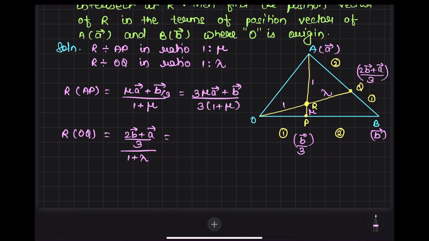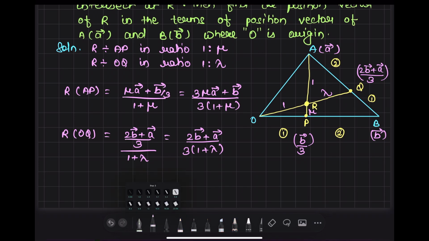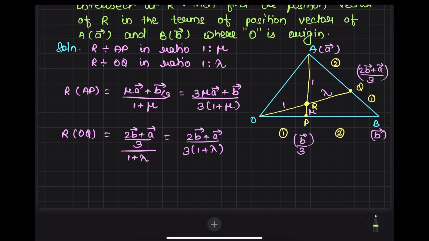Similarly, we will do the same for this part. So (2B plus A) upon 3 times (1 plus lambda). So we got things done. Now we will compare both because both are representing the same idea, so we will compare A and compare B. First we compare A. The coefficient of A in the first part is 3 mu by 3 times (1 plus mu).